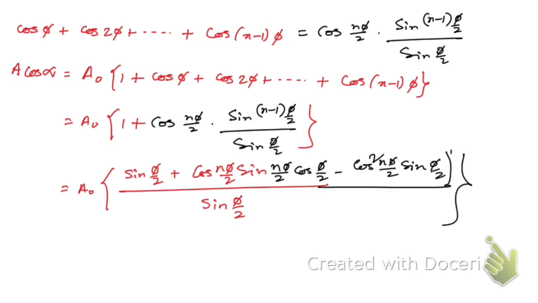So now you see what we can do here. We can take this term common, right? From these two terms we can take sine 5 by 2 common.